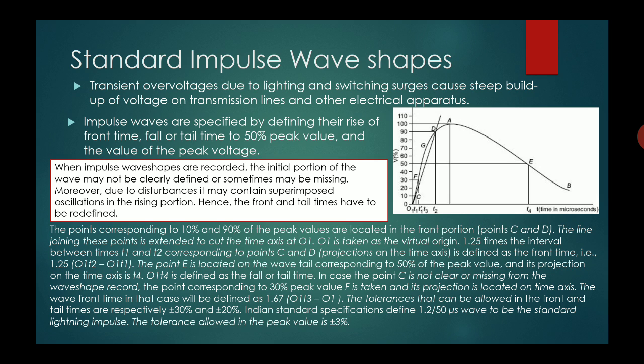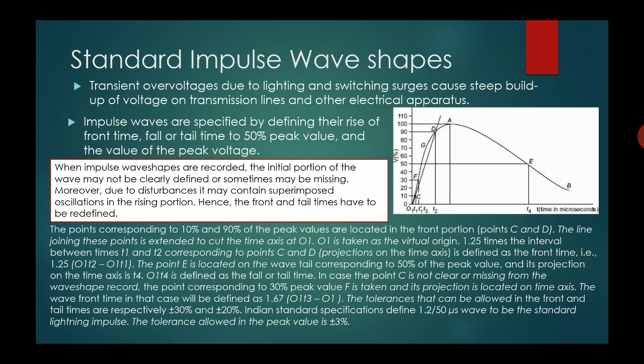So when we do not have this C, we can take C as 10%, but sometimes the impulse is very fast. We cannot record the 10% of the impulse wave. So we will take the 30% and make that the origin. The wave front time in that case was defined as 1.67 times that distance.